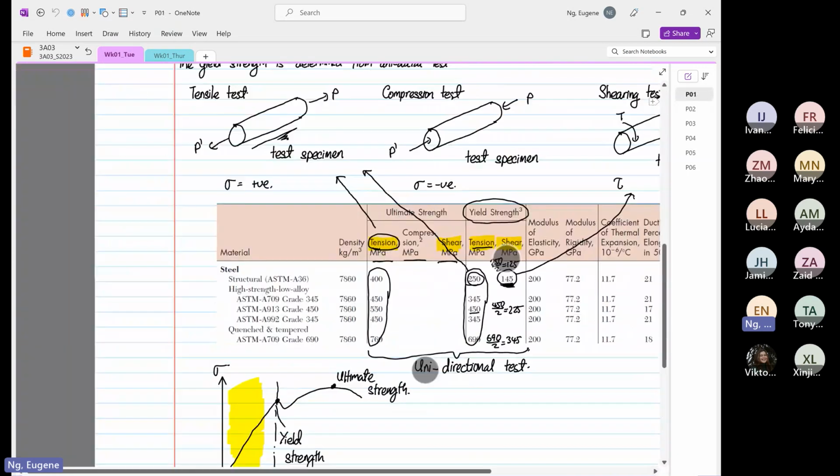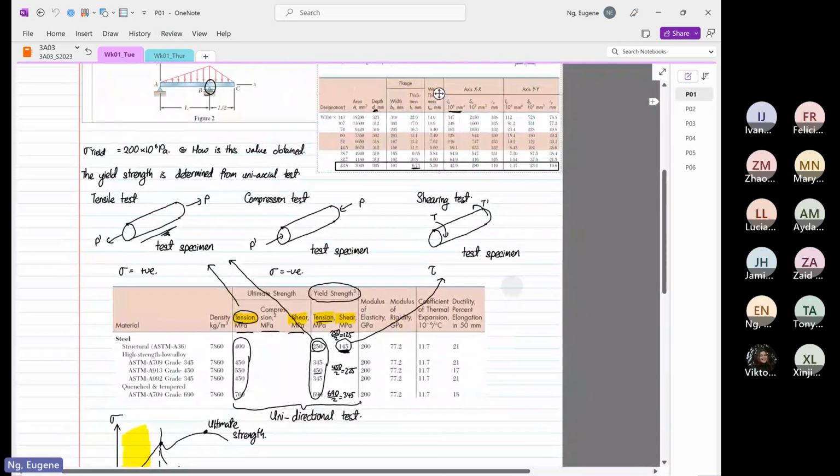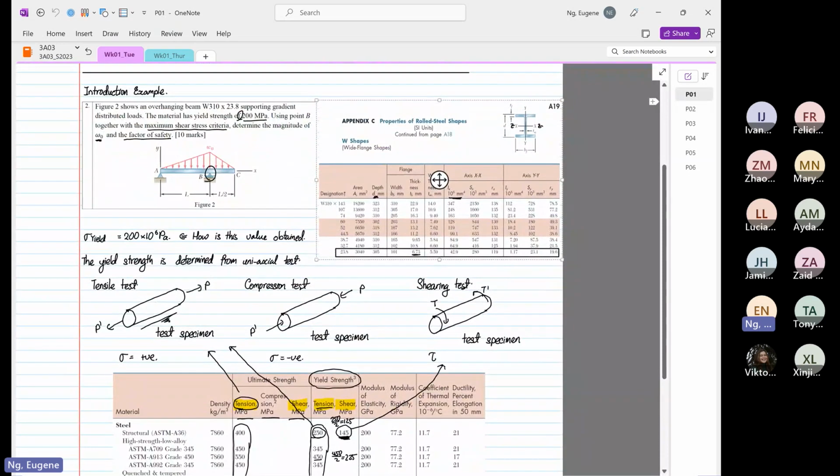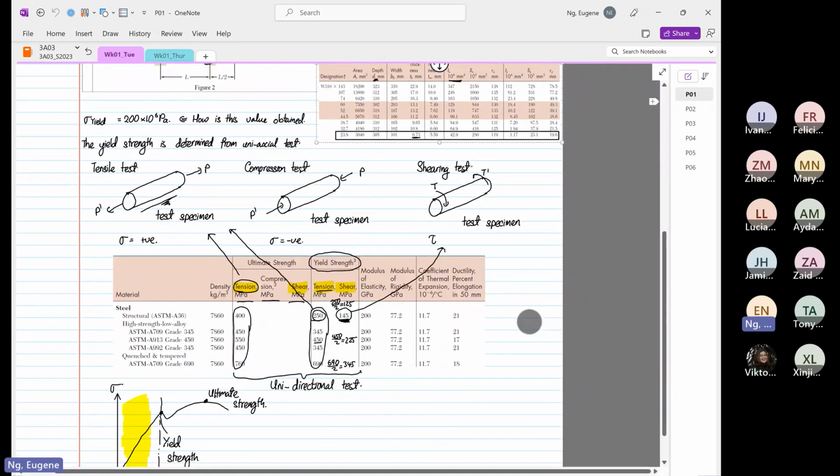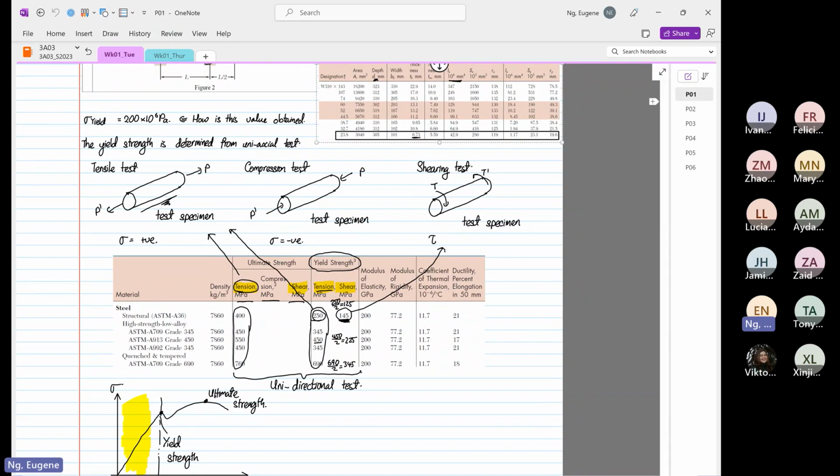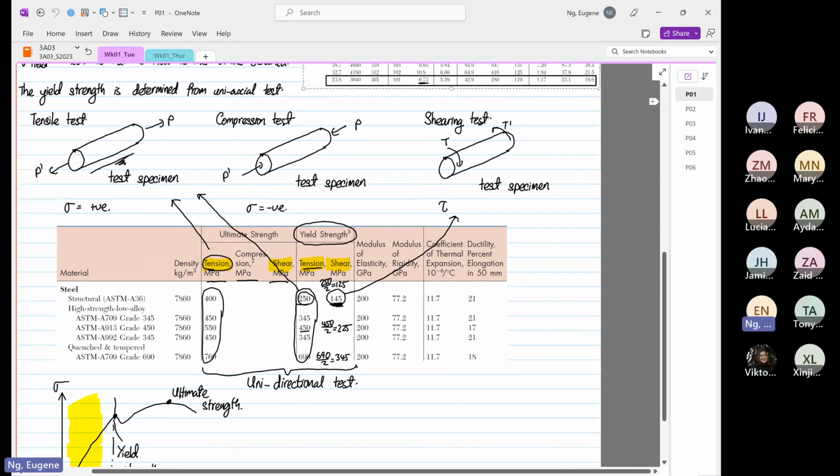If you look at the example that we started on Tuesday, you need to know how this data from a material handbook is acquired. You need to understand it, because we are going to calculate the factor of safety, or determine what material to use.